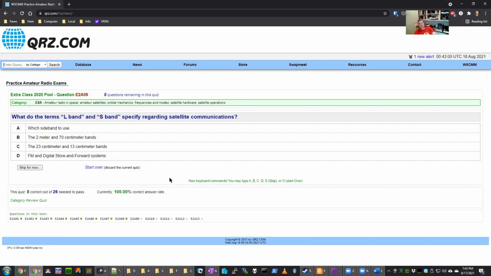So if too many people run too much power, like I said, the satellites can actually shut off. What is a normal power level that you would use for a linear transponder? 5 watts and under usually. So it doesn't take a whole lot.